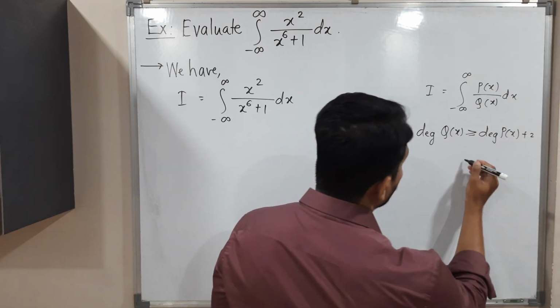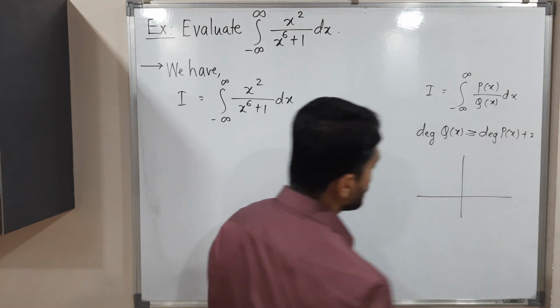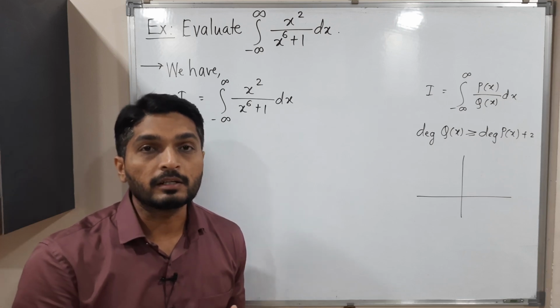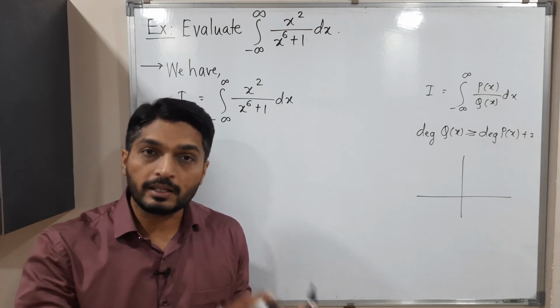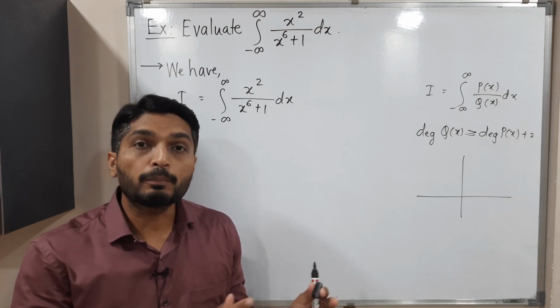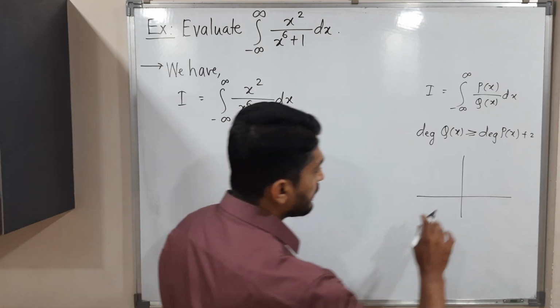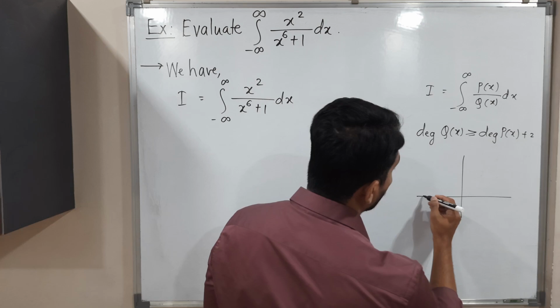After that, we do one construction. Actually, there is some theory behind this method. We are not going to discuss the theory in detail; I am giving importance to the solution of this problem right now. So I will tell you the theory in brief.